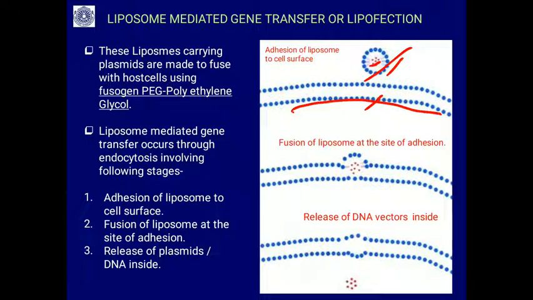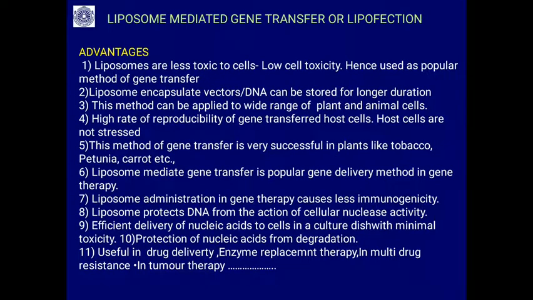We can use it so that they come very close to each other, so that the liposome gets engulfed, or else it fuses with the host phospholipid bilayer. Liposome mediated gene transfer occurs through endocytosis involving the following stages: addition, then fusion, then the release of the plasmid inside, or else the whole liposome gets engulfed inside.